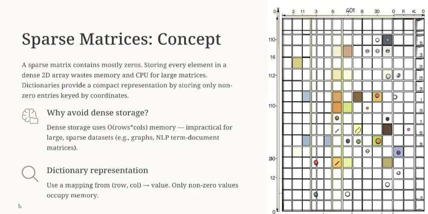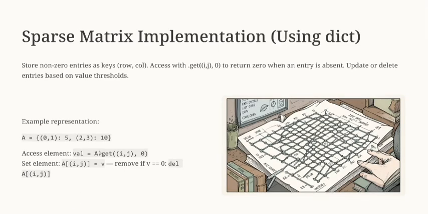For example, here you see the example (0, 1): 5, (2, 3): 10. This means row 0, column 1 contains 5. Row 2, column 3 contains 10. All other positions are assumed to be 0.